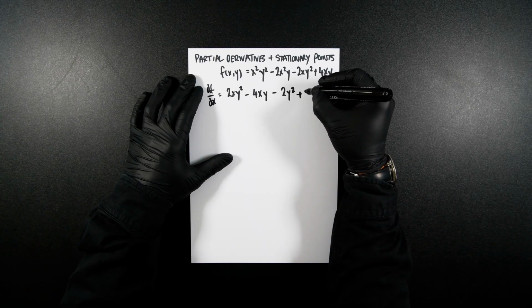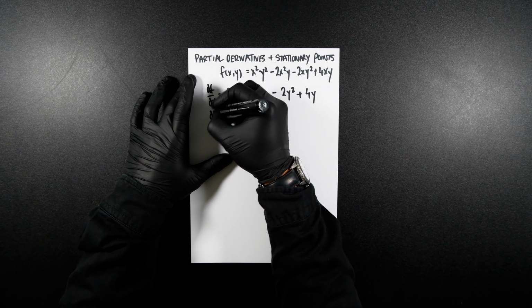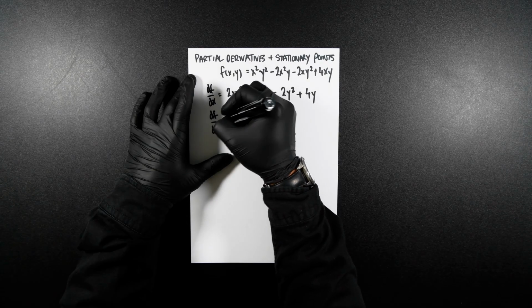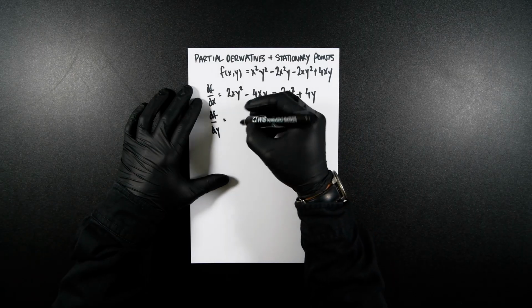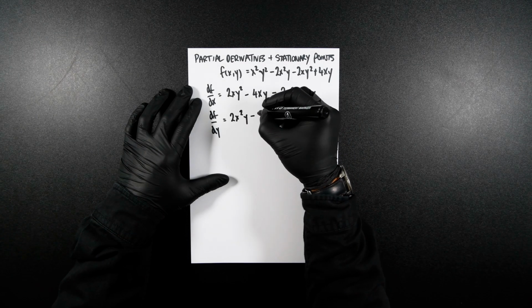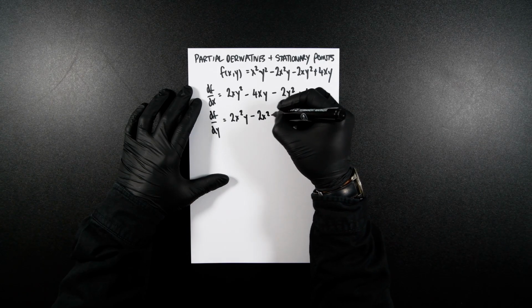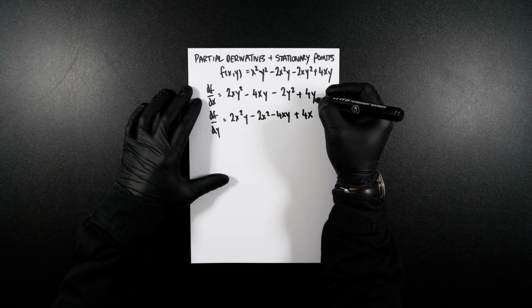This remains the same, plus 4y. Now let's do df/dy. We do exactly what we did here, except we're now doing it to the y terms. So it's going to be 2x squared y minus 2x squared minus 4xy plus 4x.